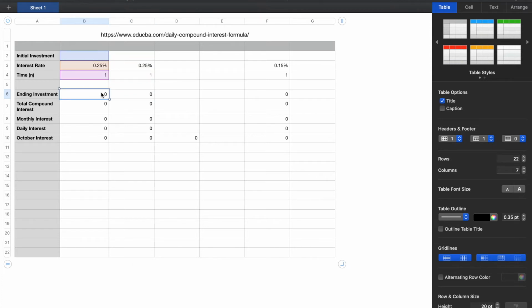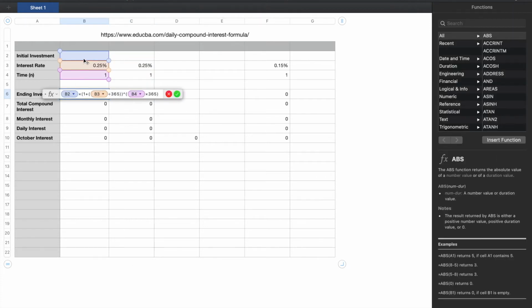But so the formula is your initial investment times, I don't even know. Should I even attempt to explain the math, or my understanding of the math? It's your initial investment times 1 plus, in parentheses, your interest rate divided by 365, because it's compounded daily in a year.